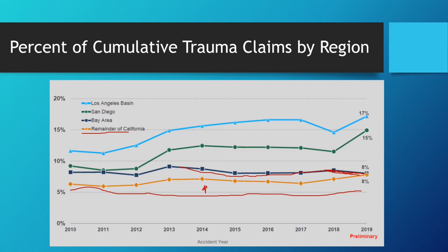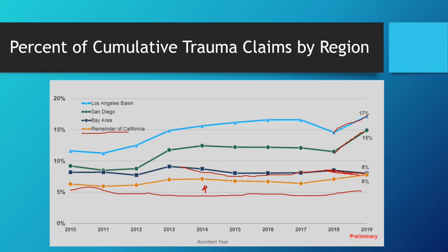Now contrast this with both San Diego and Los Angeles Basin counties, and we see here there's a dramatic upswing, a dramatic increase in the rate of filing of cumulative trauma injury claims in these two counties.